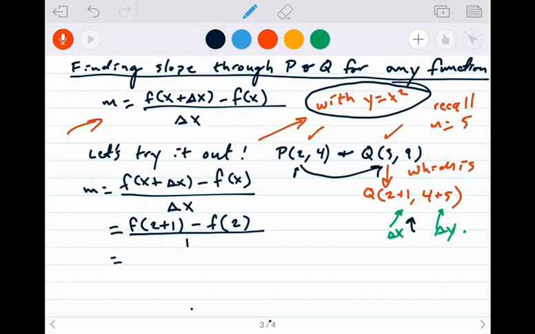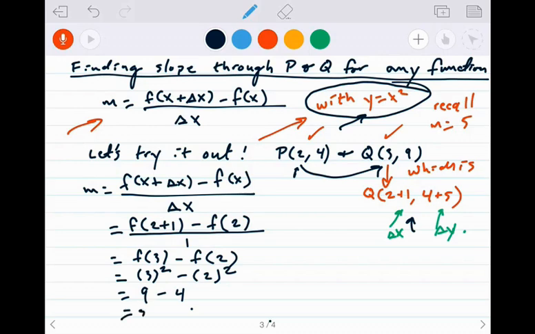Well, the function is y equals x squared. So this is just f of 3 minus f of 2. If our function is y equals x squared, then this is equal to 3 squared minus 2 squared, which is 9 minus 4 equals 5.